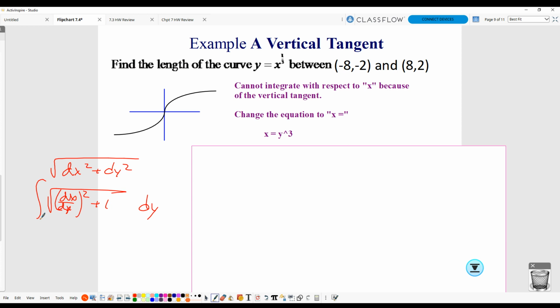So same idea. dx/dy. It's uncomfortable and weird. Naomi, what is dx/dy? Derivative of y cubed, multiply by the power, lower the power. Like, it hurts.